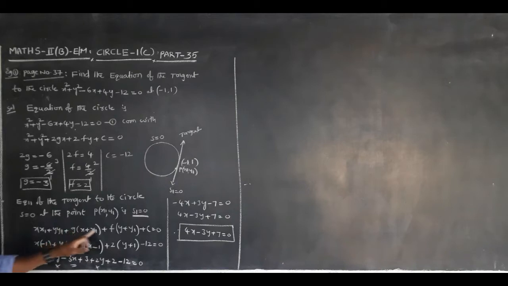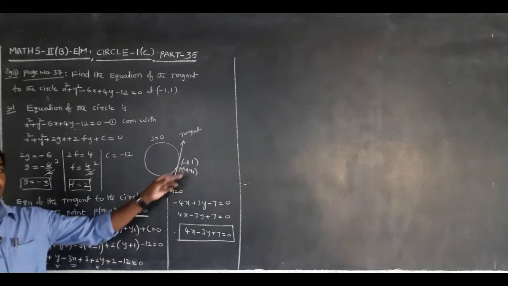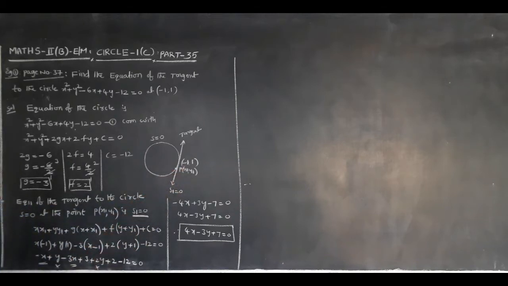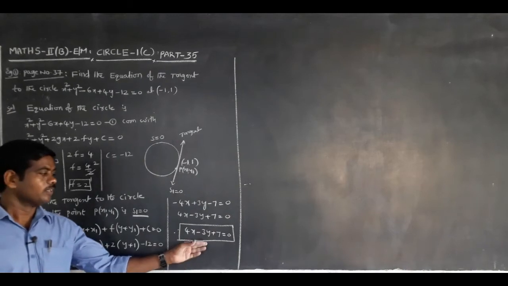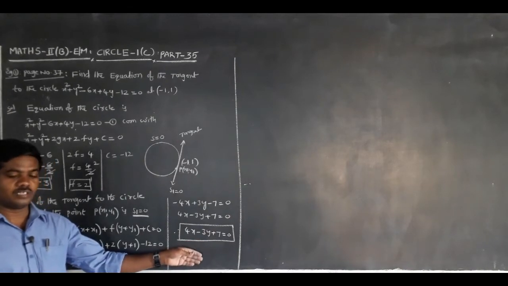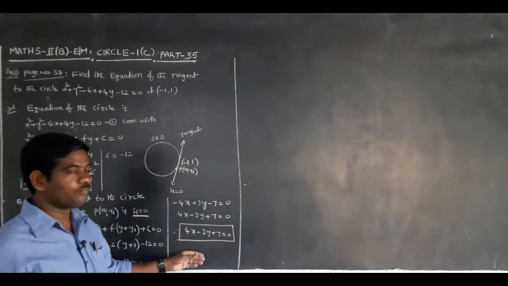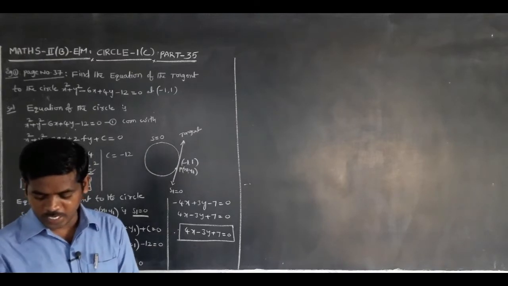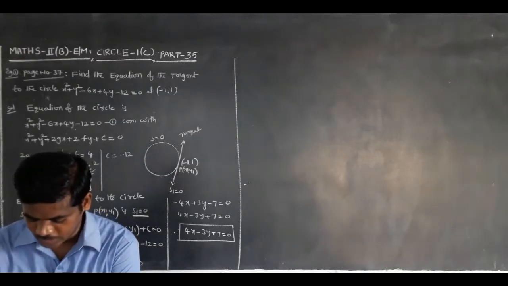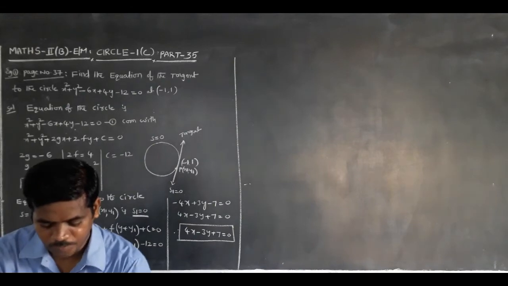Substitute g, f and c and the x1, y1 values and simplify. This is the equation of the tangent. Second one is the equation of the normal.